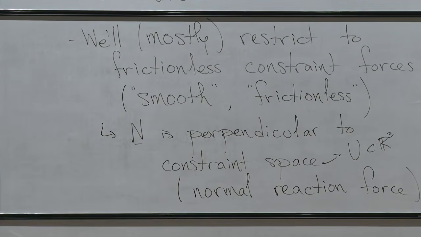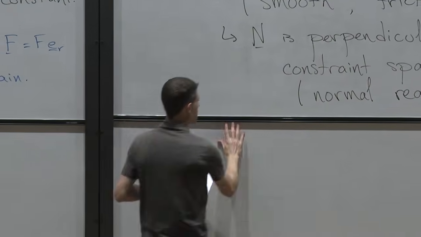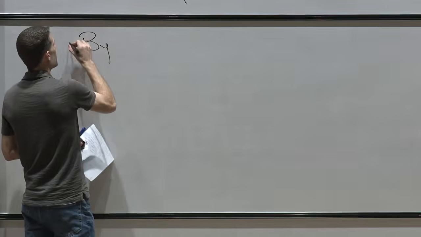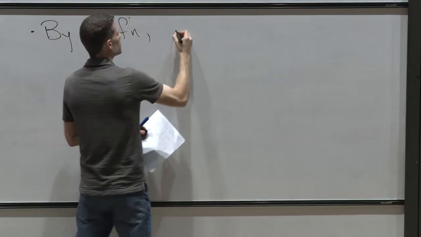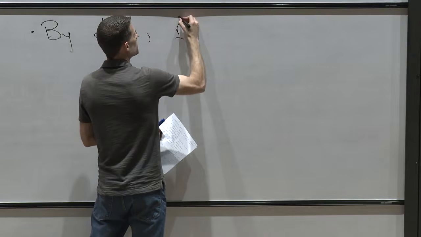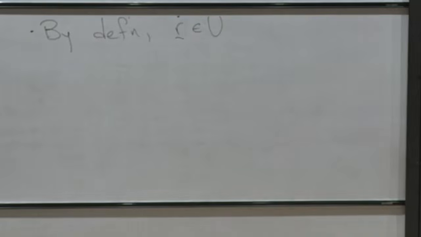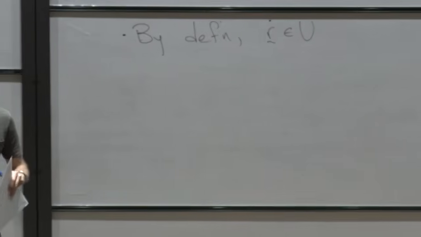Right, so one consequence of that statement, that N is perpendicular to the constraint space, is that N is therefore orthogonal to the tangent vector, the velocity vector of the particle. By definition, r dot is in the set U. My marble is rolling in the bowl.